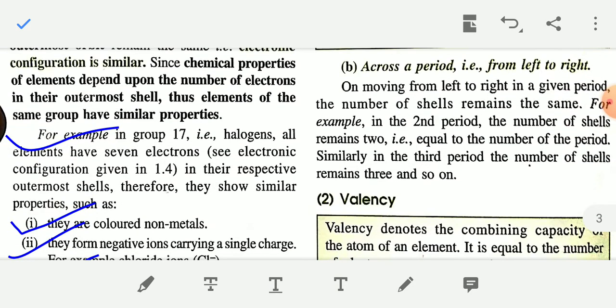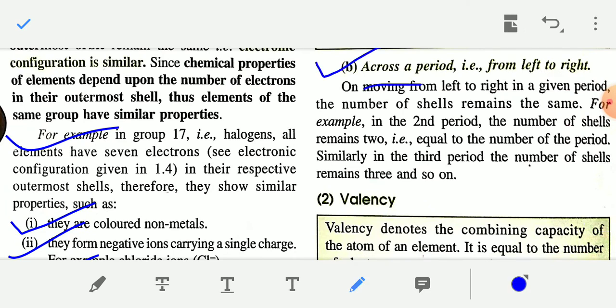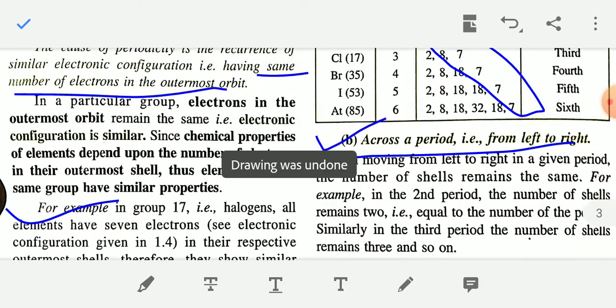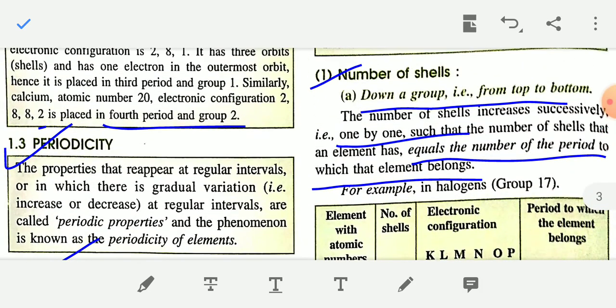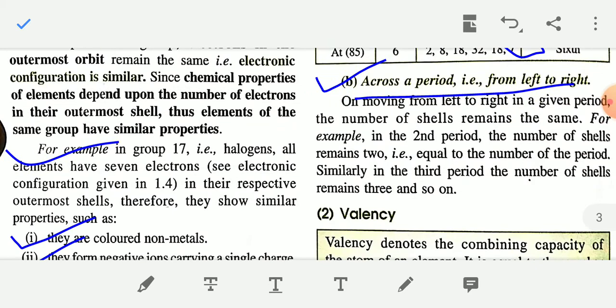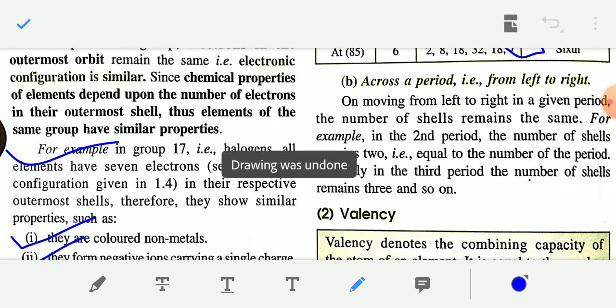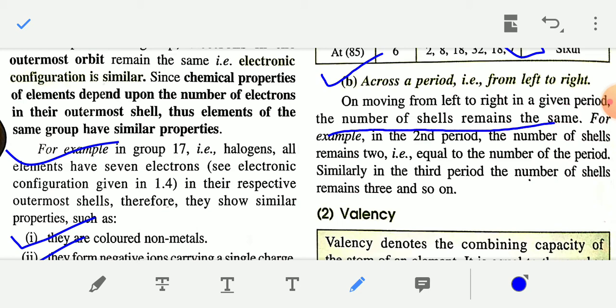And now across the period, how does the number of shells change? I have already told that down a group, from top to bottom, the number of shells increases successively, one by one. But across the period, on moving from left to right in a given period, the number of shells remains the same.